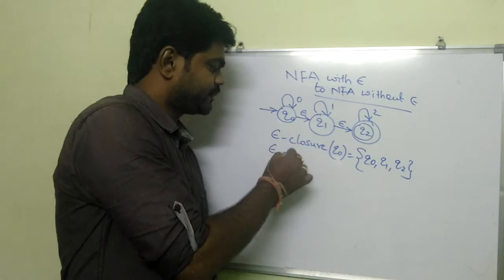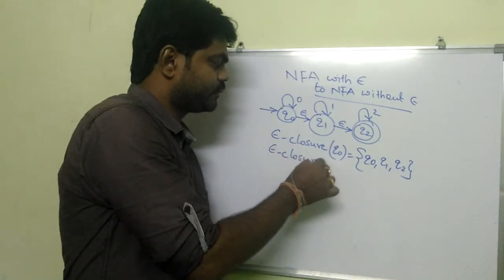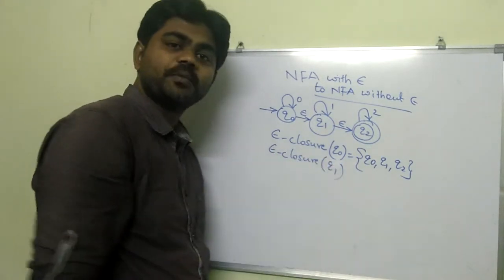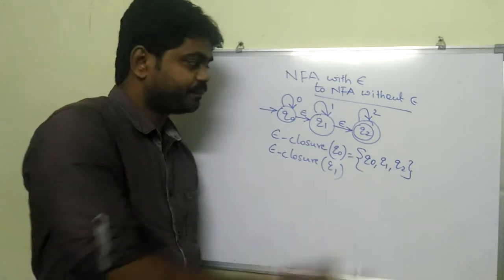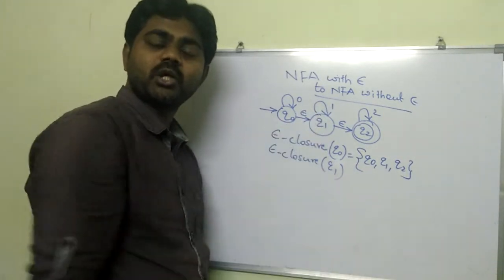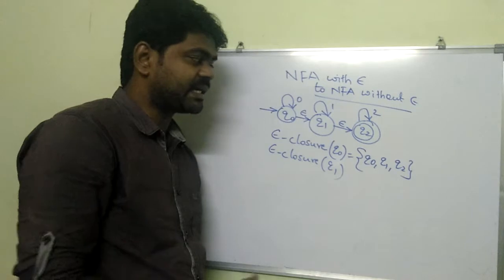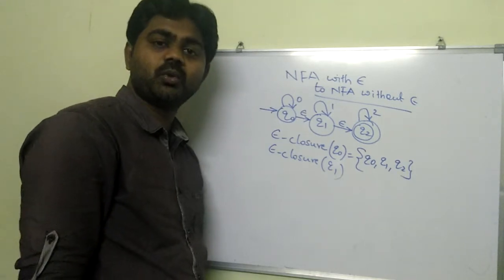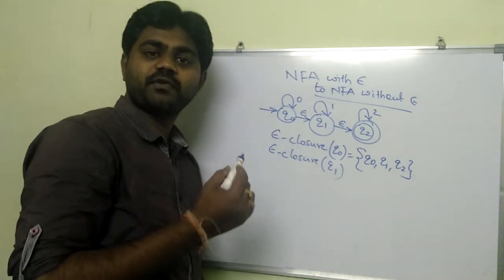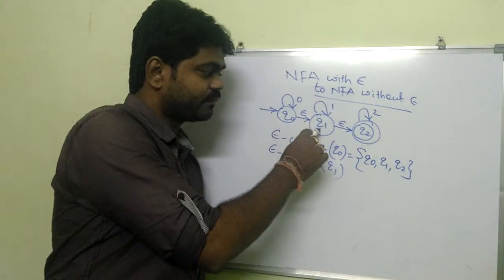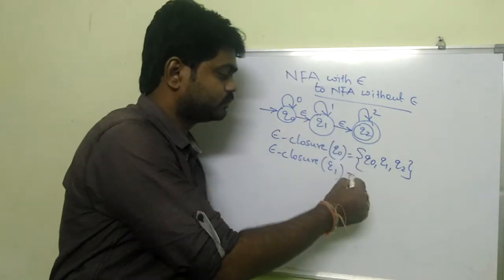Right. Next, epsilon closure of Q1. Forget about Q0, it's already over, so my current state is Q1. The epsilon closure of Q1 will be Q1 and Q2.